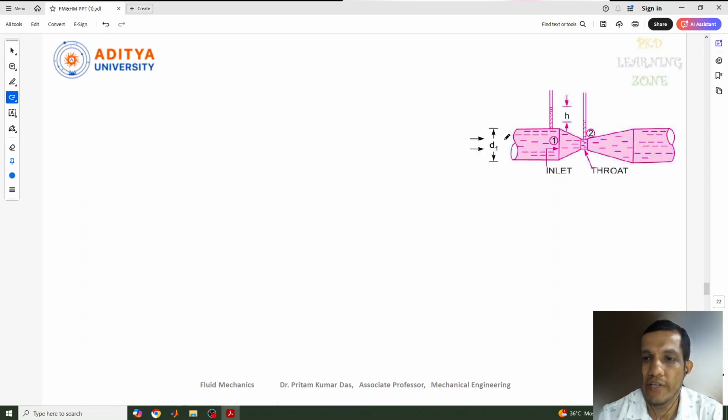Suppose this is the inlet part, and here we need to consider two different sections, this one section and this another section. At these two sections, a manometer needs to be connected. The manometer can be connected on the top side, or also on the bottom side. Either way we can connect the manometer.